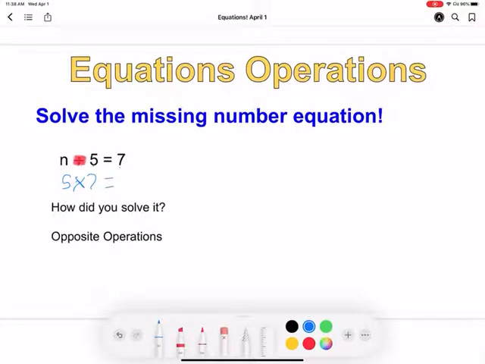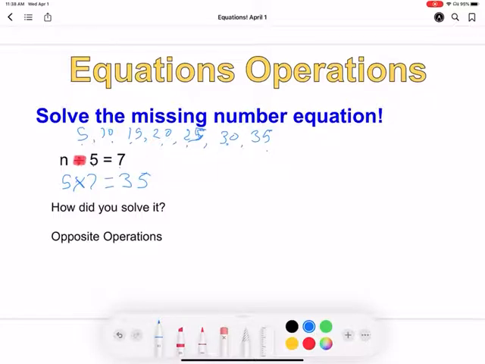I'm going to count by 5s because they're fun. 5, 10, 15, 20, 25, 30, 35. Now if I notice, I've got 1, 2, 3, 4, 5, 6, 7 of them, and the answer was 35. There we go. That's why I got up that far. I counted each one.